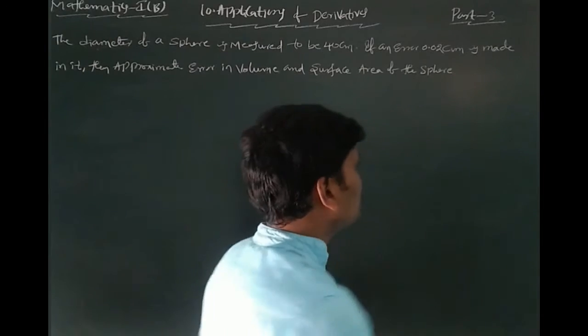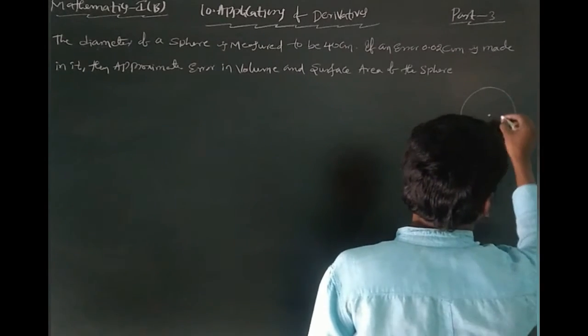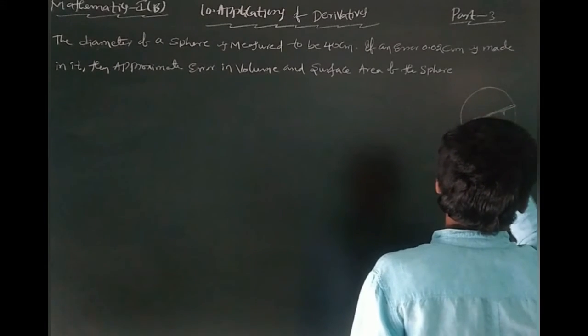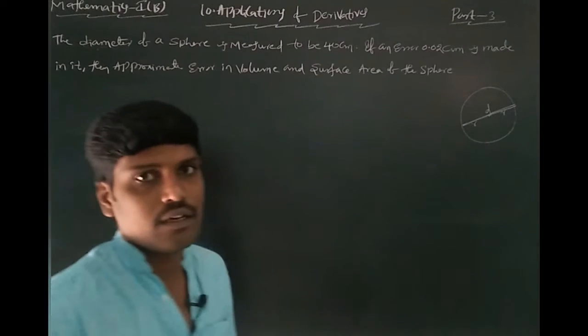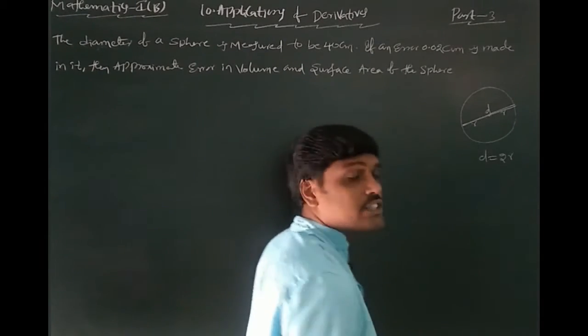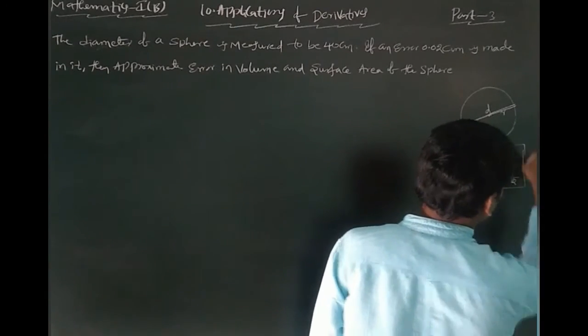Here, what is the sphere? A sphere is a three-dimensional geometry. This is the center of the sphere, this is the radius, and this total is the diameter of the sphere. Diameter is nothing but 2 times the radius. That's why you can write radius equal to half of the diameter. You can use this formula.